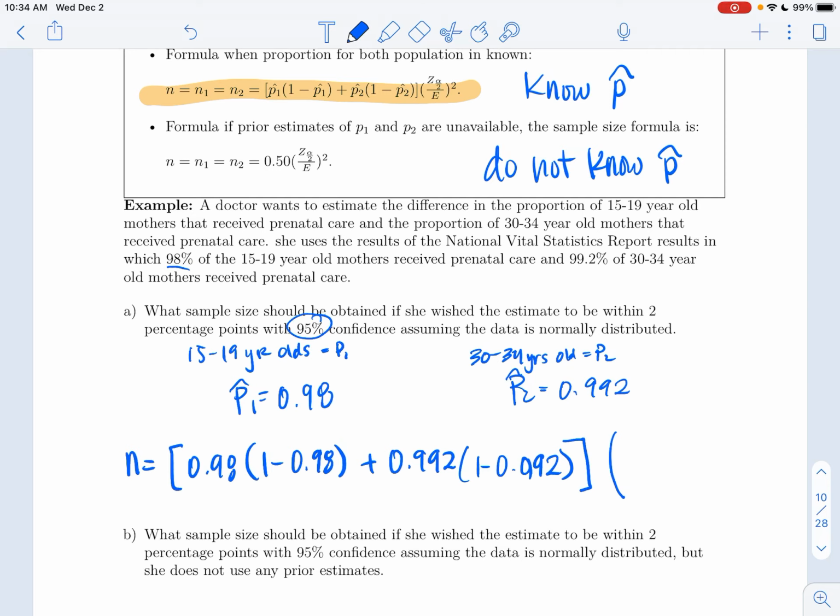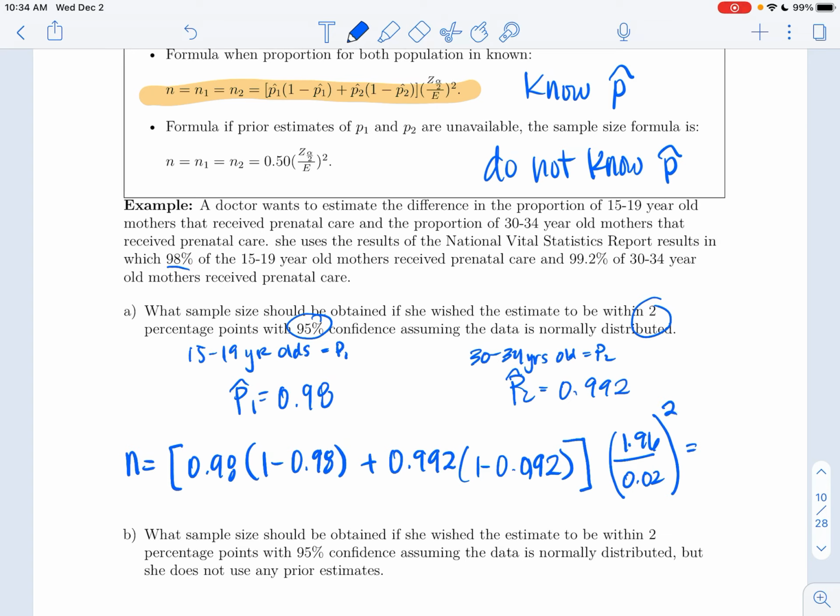That's one of the special cases, so it's 1.96, sorry. Divided by the error, which is 2%, so 0.02.